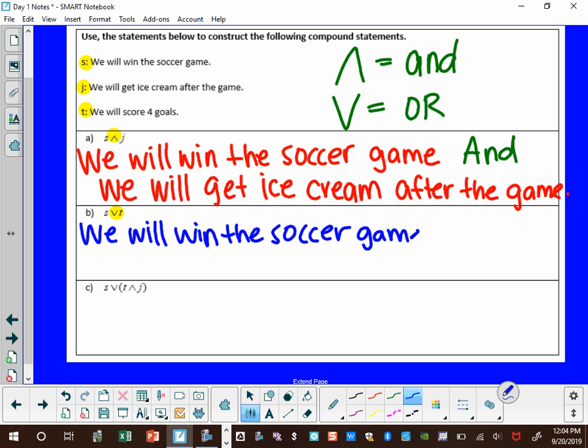What's next? Or. And what's your next statement? We will score 4 goals. So we will win the soccer game, or we will score 4 goals. Good.